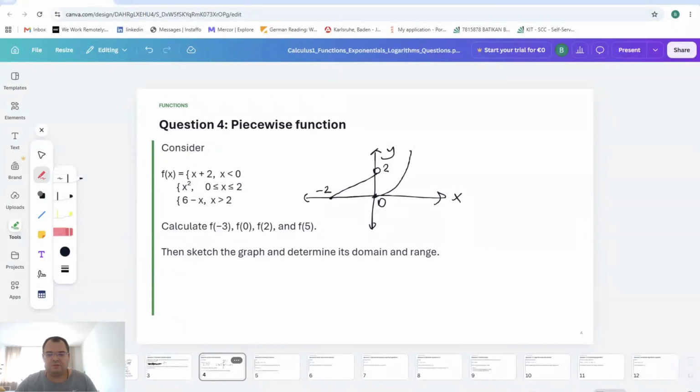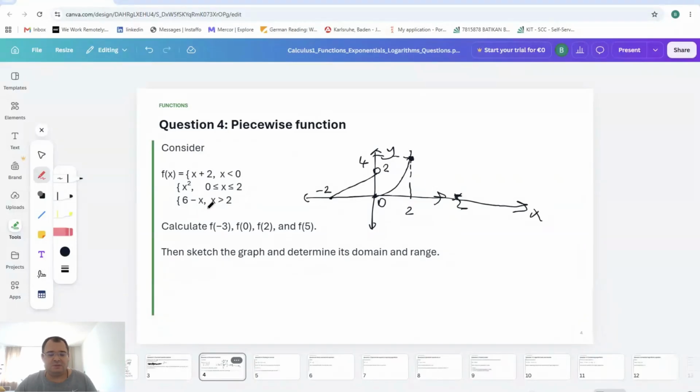It looks like that. And for the value 2, it has a y value of 4, and it has this point. For values greater than 2, it is behaving like 6 minus x. And 6 minus x, for example, when you give 2, it is also giving you a value of 4. So we can draw 6 minus x like so.